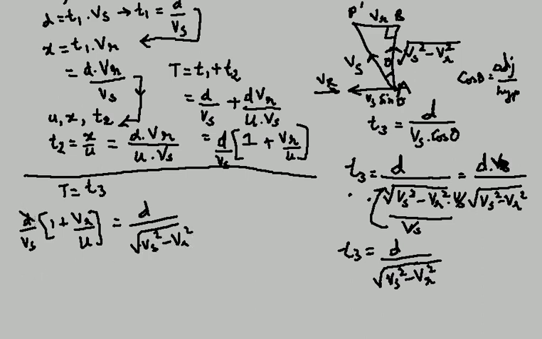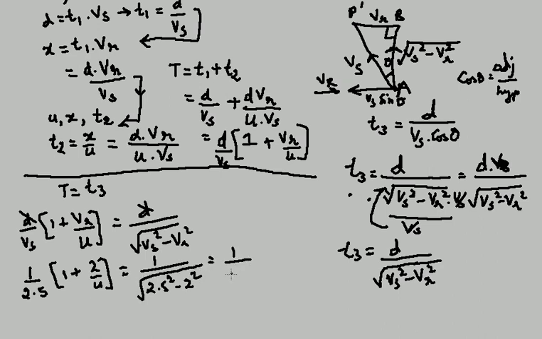So d and d cancel out. Now if I substitute all the relevant values, velocity of the swimmer is 1 by 2.5 into 1 plus 2 by u equal to 1 by root of 2.5 square minus 2 square. So this would be equal to 1 by 1.5. This particular component would be 1.5.